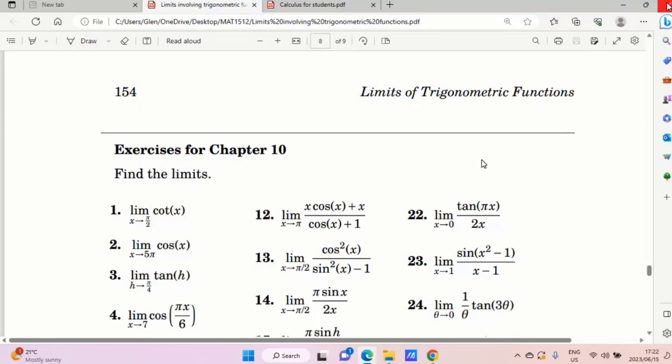Please find the limit of cos of pi x over 6 as x approaches 7. Number 4. Lutendo, what did you get, my brother? Negative square root of 3 divided by 2. Yes. Okay. Tando, what did you get?